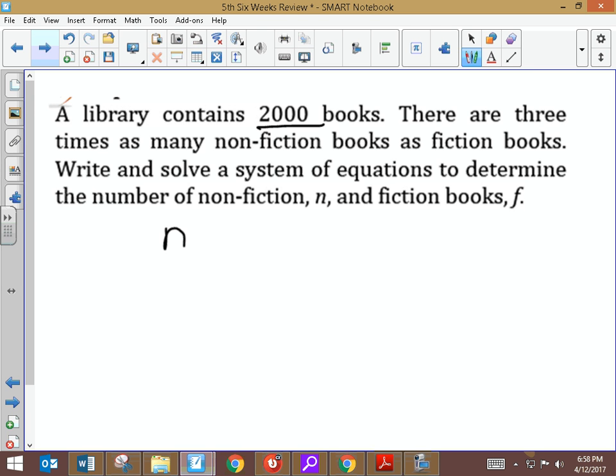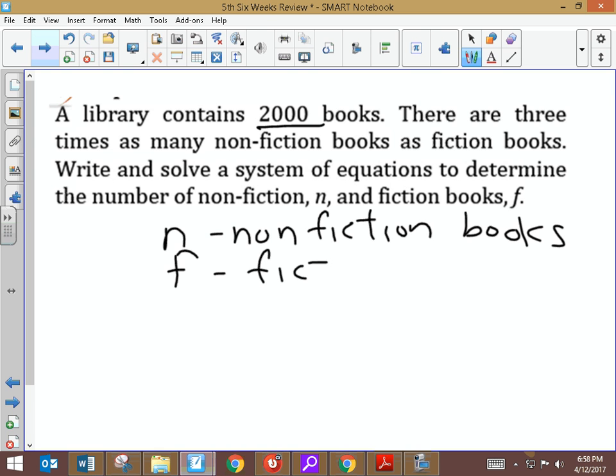If N is the non-fiction books and F is the fiction books, then N plus F is equal to 2,000.